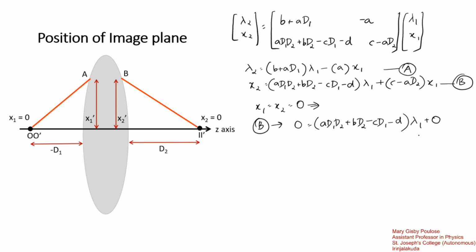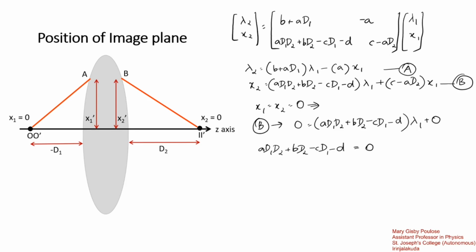Here, lambda is the optical direction cosine and cannot be 0. This implies that the term a d1 d2 plus b d2 minus c d1 minus d must be equal to 0. Now, this is the condition of the image plane, or this is the equation used to represent an image plane in terms of Gauss constants.